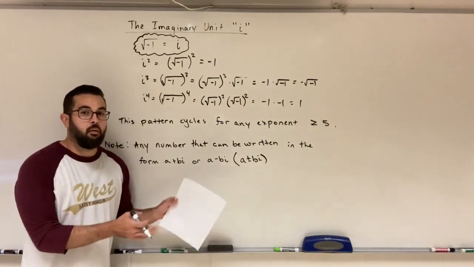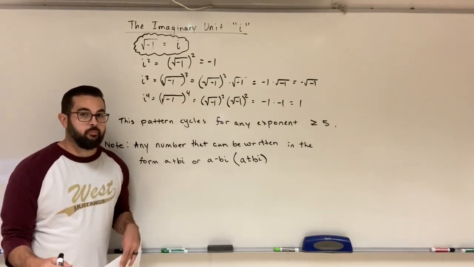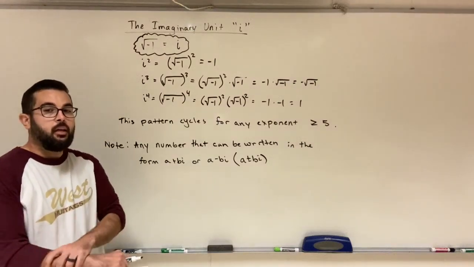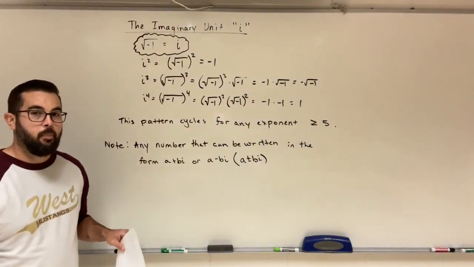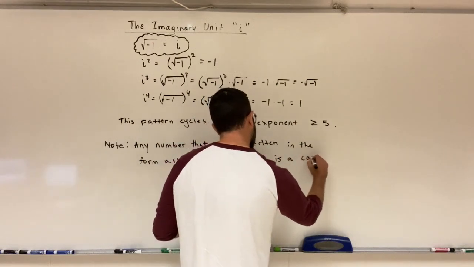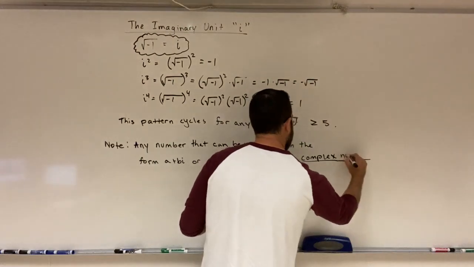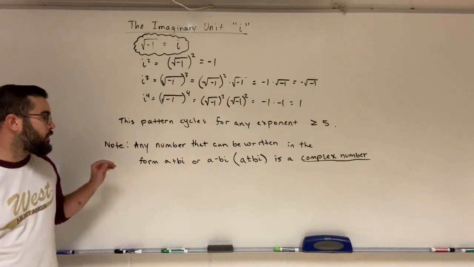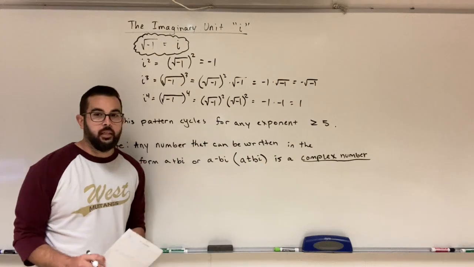Complex numbers are a different set of numbers than the real numbers. We're going to start talking about complex solutions when we get to the quadratic formula and what that means, but I'm just introducing you to the term in this video. So anything in the form a plus bi or a minus bi is called a complex number.